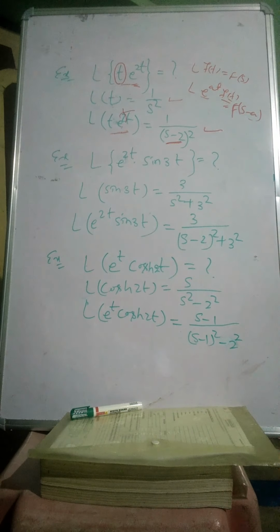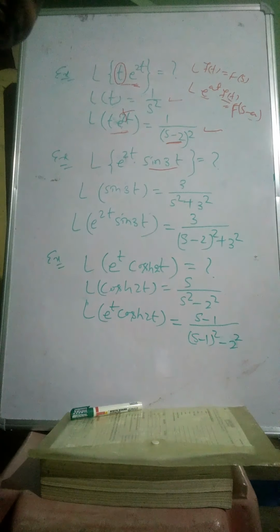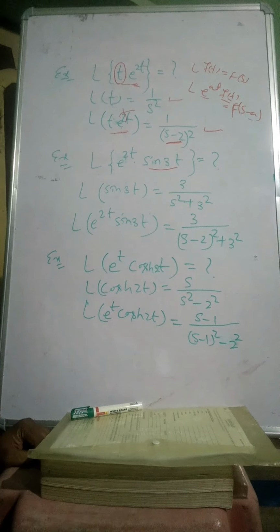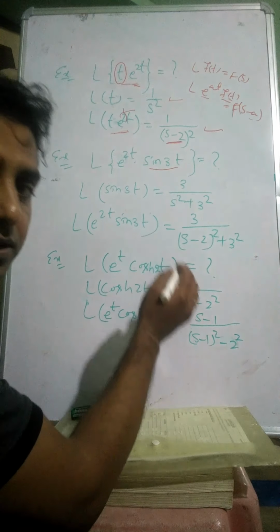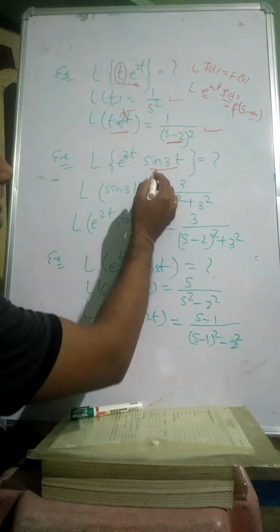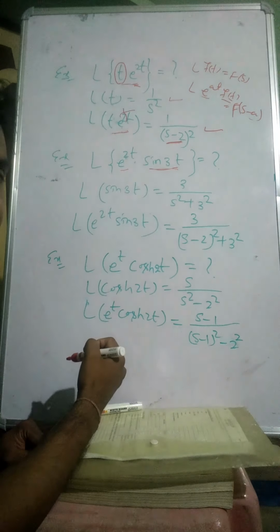Clear? Similarly, let us solve Laplace of e to the power 2t into sine 3t. If I find Laplace of sine 3t, then we can find Laplace of e to the power 2t into sine 3t.